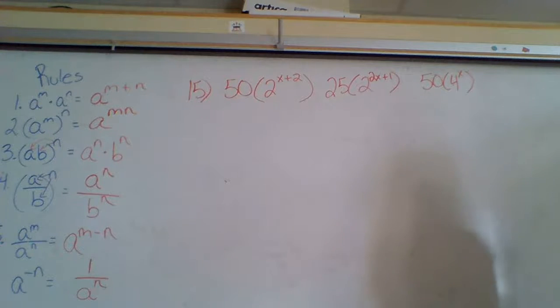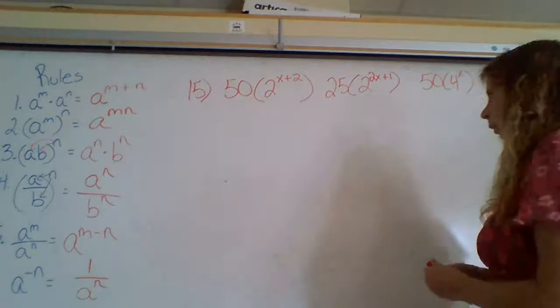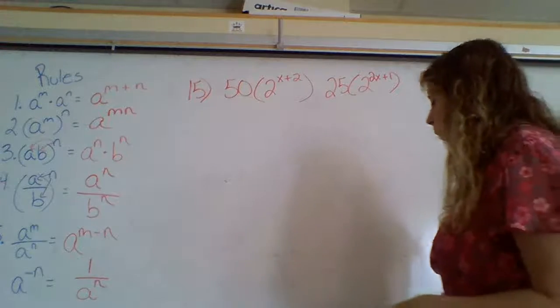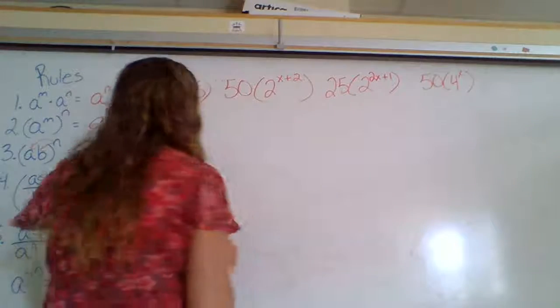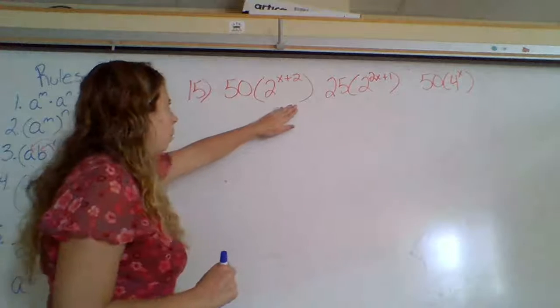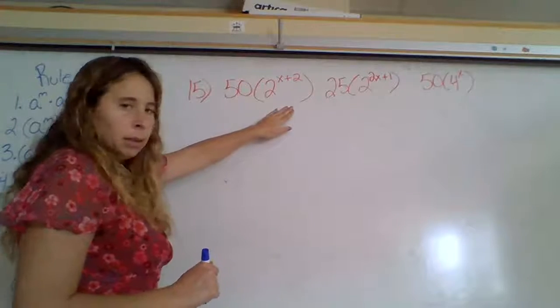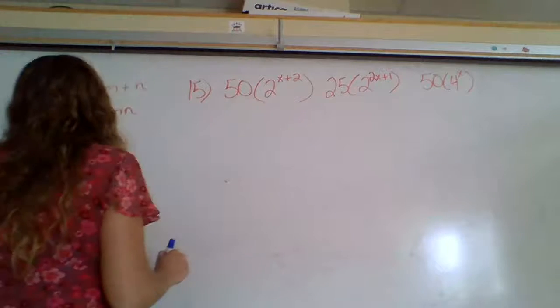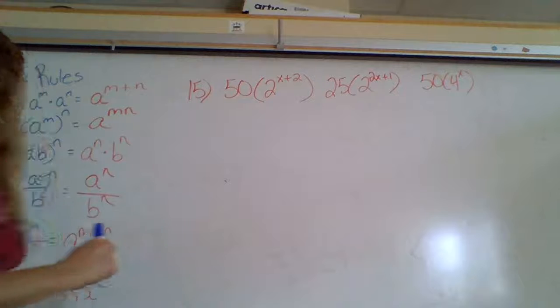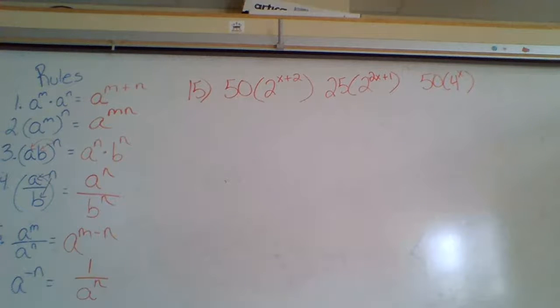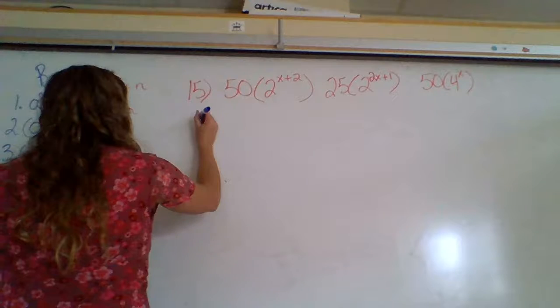I'll just start with the first one. So looking here, which exponent rule am I using? I'm adding exponents. So which rule over here am I adding exponents? The first one.